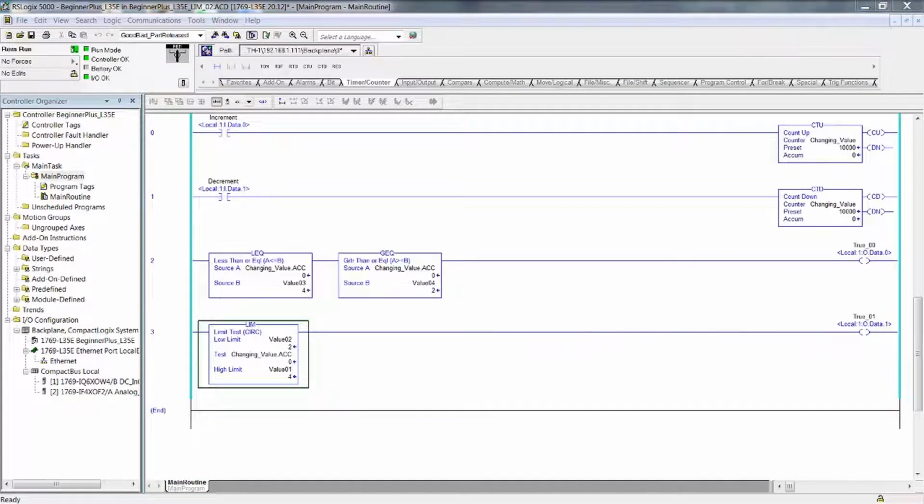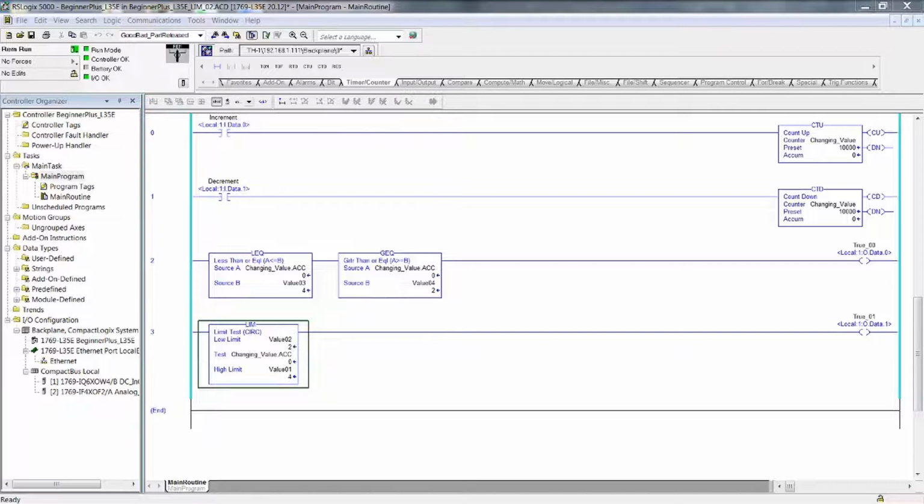In the previous lab, combining comparison instructions, we had you create limiting logic. Logic that would limit the true state of the rung based on an upper and a lower limit. A less than or equal to and a greater than or equal to, ANDed together, so both conditions had to be true to make the rung true.